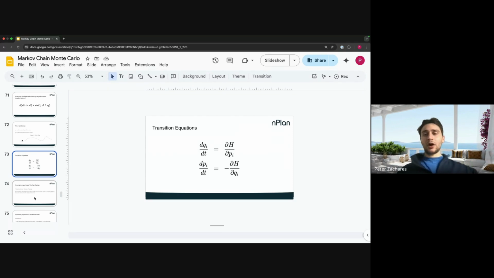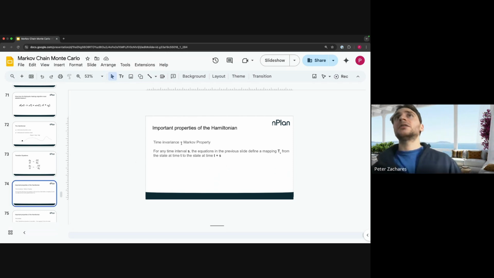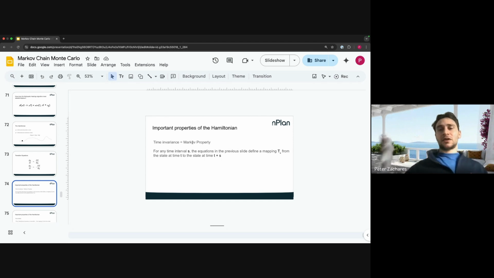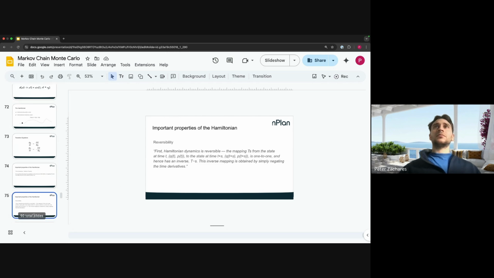It depends where you are in your state that determines how you change, but it doesn't change with respect to time. And so it's time invariant, which I think is needed to enforce a Markov property, which is that you only need to know your current state in order to know your future states, or past states don't provide any additional information.